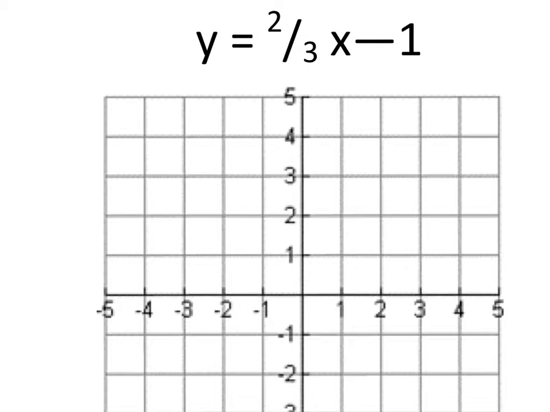y equals 2/3 x minus 1. We know that minus 1 is going to represent the y-intercept. So we put a dot where y is negative 1. Now our slope is 2/3. That means we're going to go up 2 over 3.